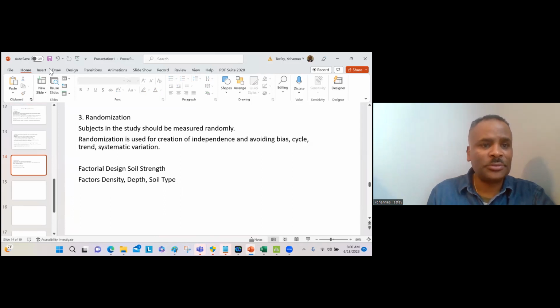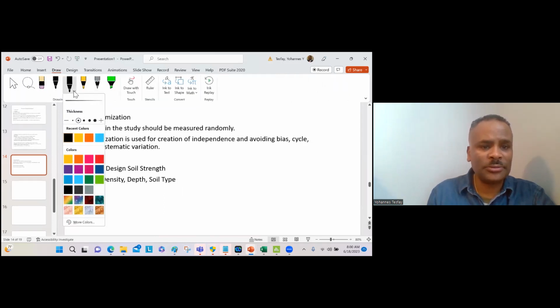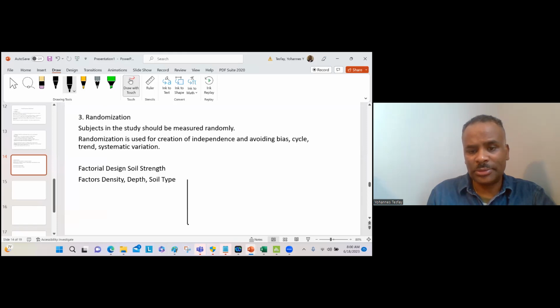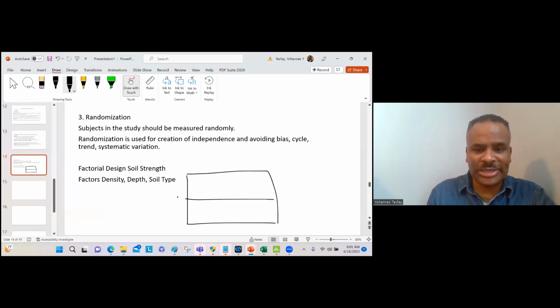So now what do we do? When I put these together, this is the category. So density, let's say density classification: density 1, density 2, and so forth.